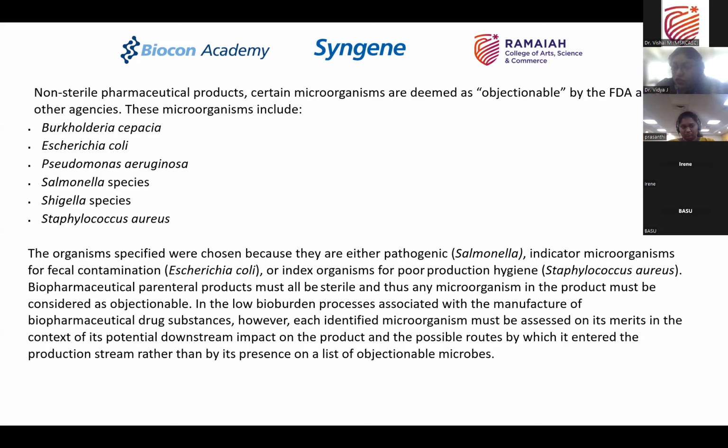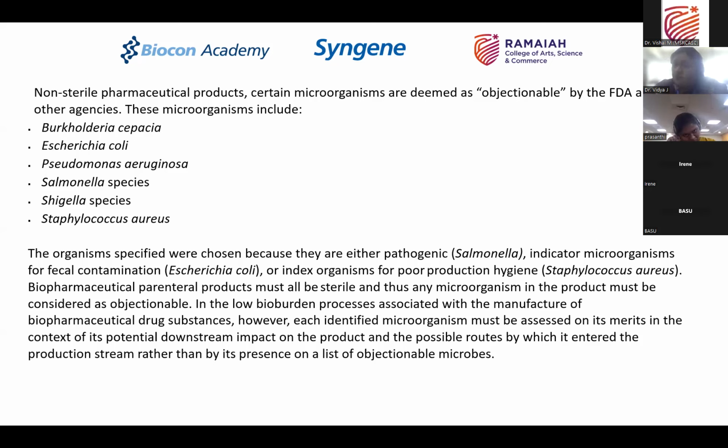They are all pathogenic microorganisms, and when you are manufacturing any pharmaceutical product, these are the primary contaminants. So you have to know the colony characters of Burkholderia cepacia, Escherichia coli, Pseudomonas aeruginosa, Salmonella, Shigella, and Staphylococcus aureus.